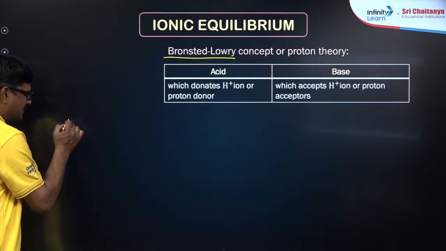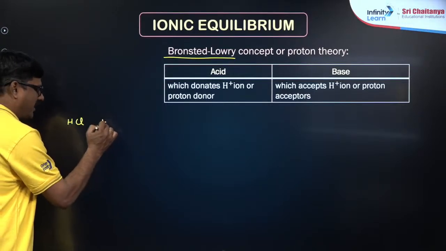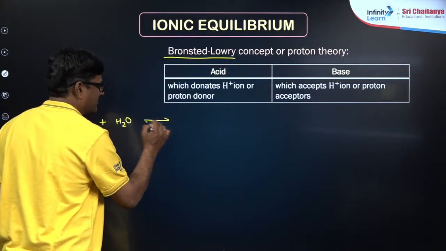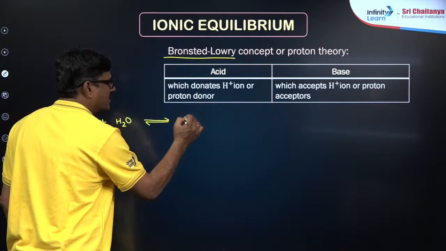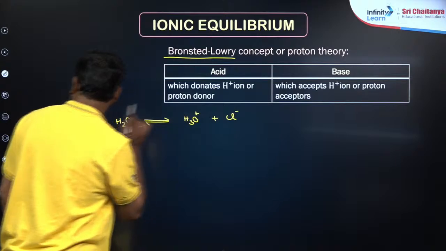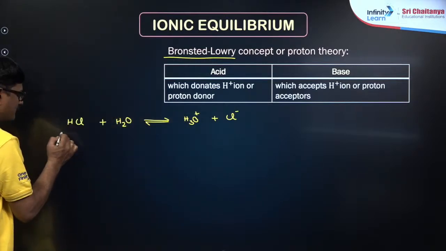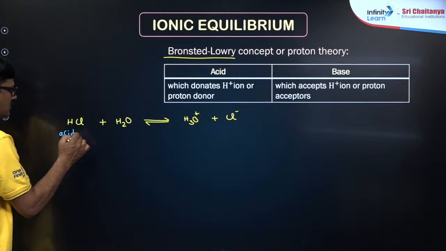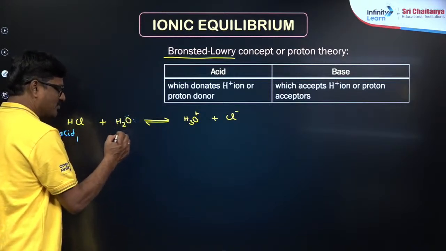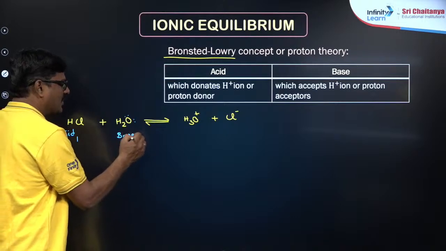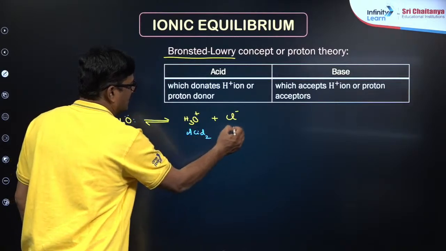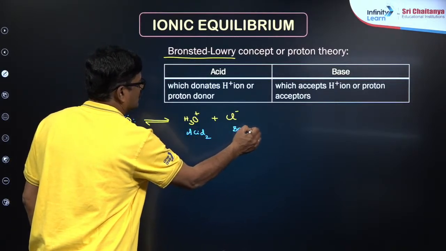You want to say HCl is an acid. You want to take water, because unless a donor and acceptor is there, you can't define equilibrium. So it gives H3O plus and Cl minus. Now you just see, this is acid 1 and this is an acceptor, so it is said to be base 1, and this is going to be acid 2, and this is going to be base 2.